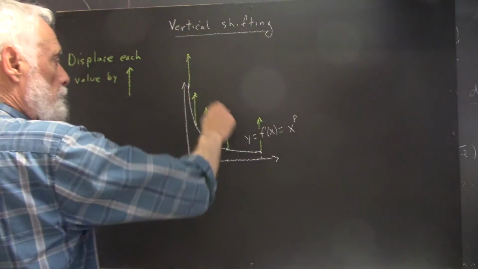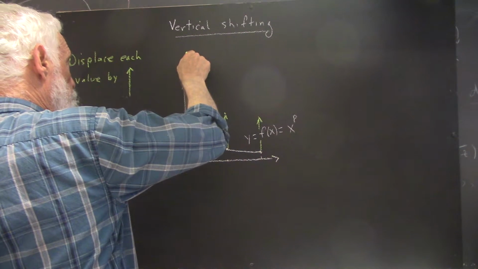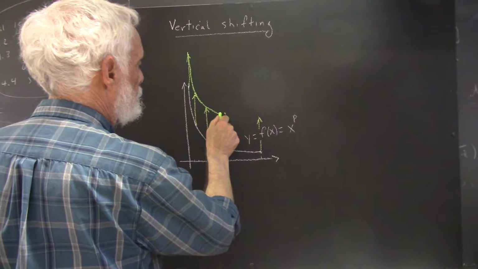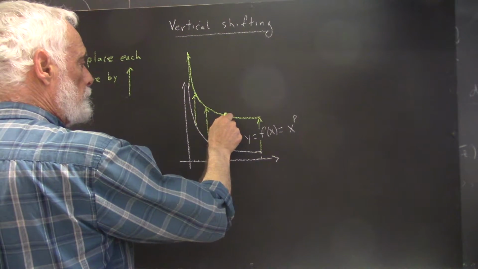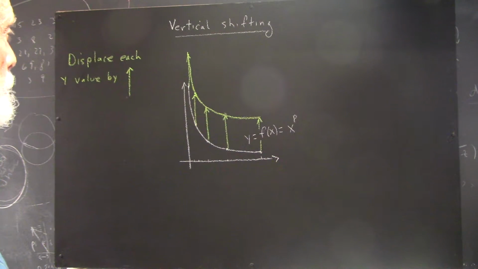But we see now that we have a set of new points, and we can sketch a curve passing through these points. I made that point a little too high, but we get the idea.